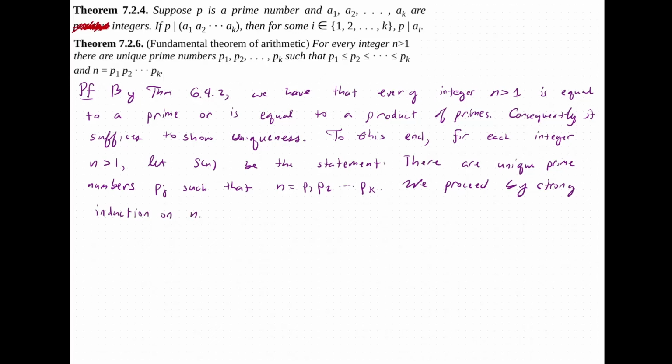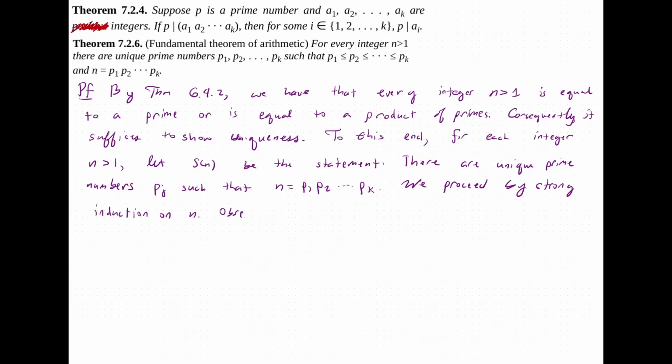And so observe that when n is equal to 2, there is nothing to show since 2 is prime. And of course, if it's prime, then the unique factorization of 2 is just 2. And so we're done. So S of 2 holds.